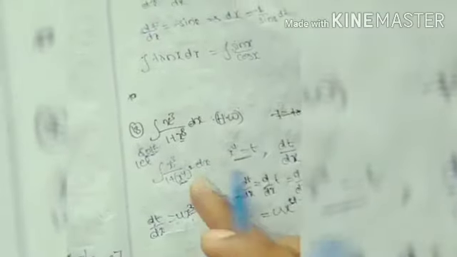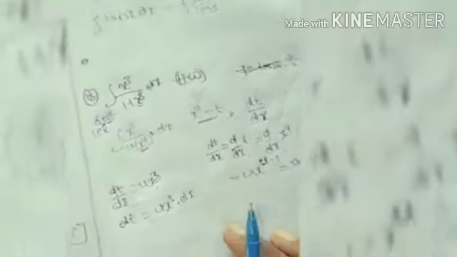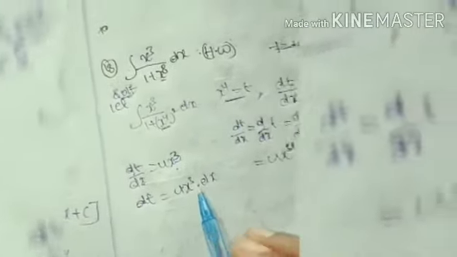We have to simplify this very easily. So dt is equal to 4x power 3 dx, where the dx side gets multiplied. After this we have to substitute.